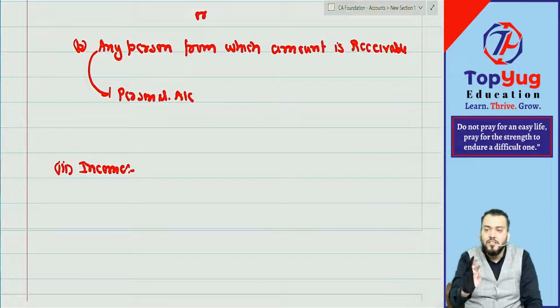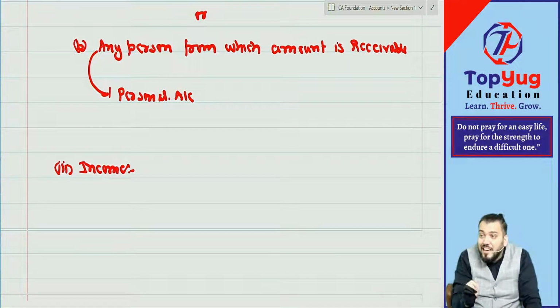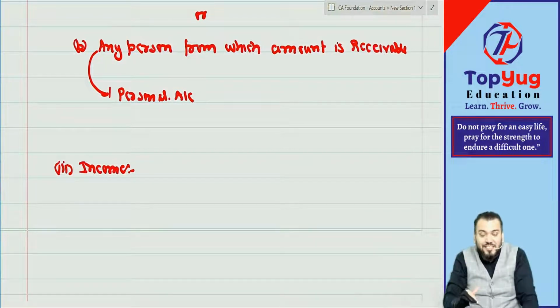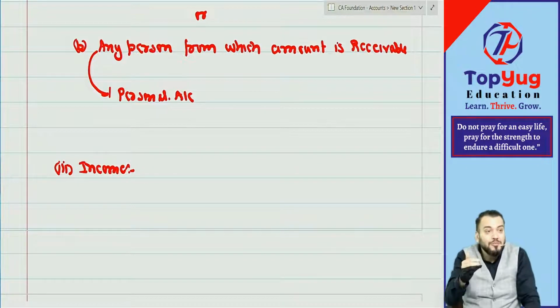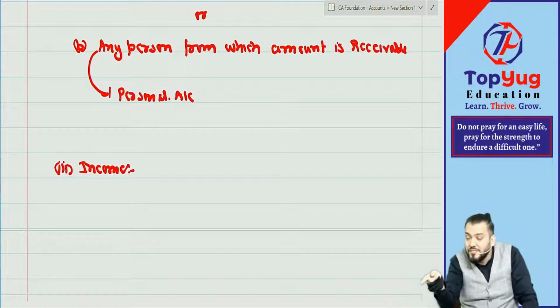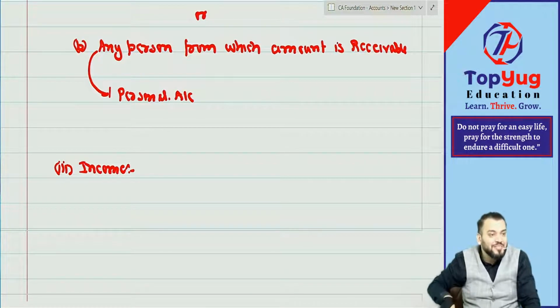For example, I am incurring electricity expenses in this class. So I am incurring electricity expenses to derive some benefit, the tuition fees, the coaching fees. So I have incurred that expense to derive some income or not.